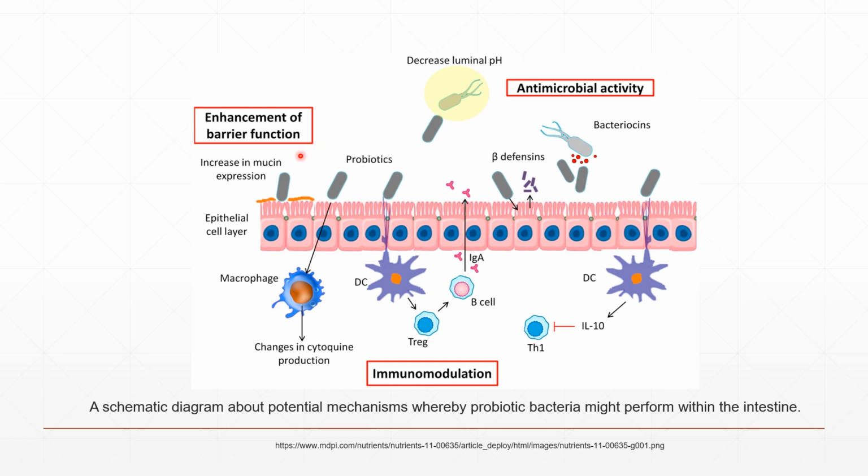For example, it will increase the mucin production or expression and induce an enhancement of the barrier function against bacteria. It will also decrease the pH of the lumen. It also has some antibacterial activity and immunomodulation property.